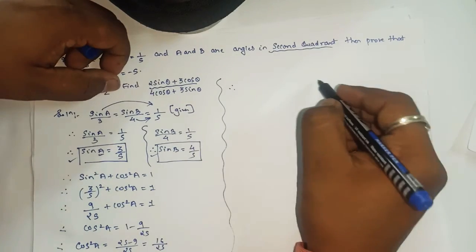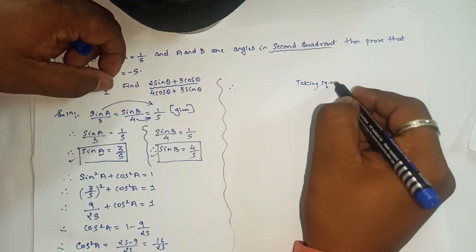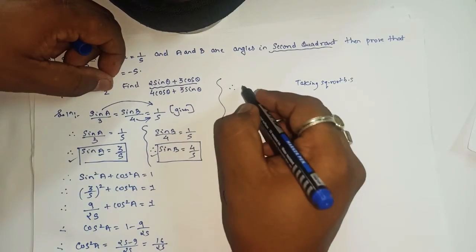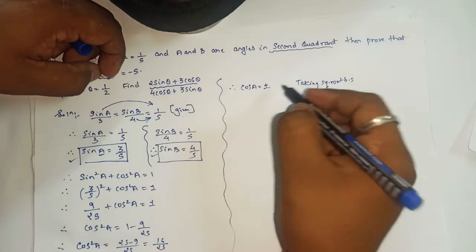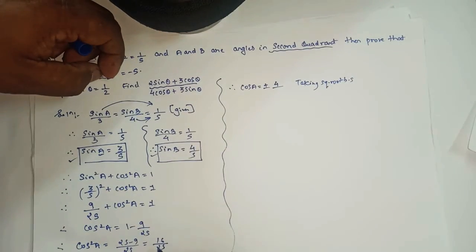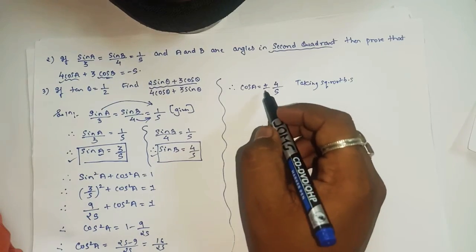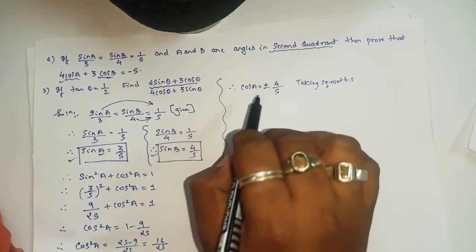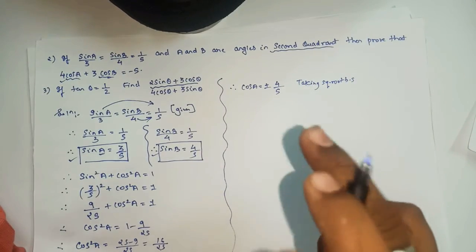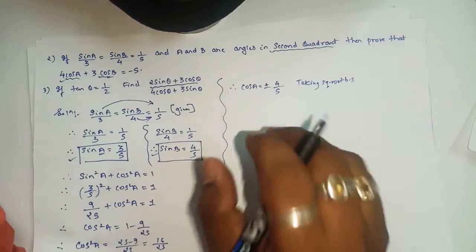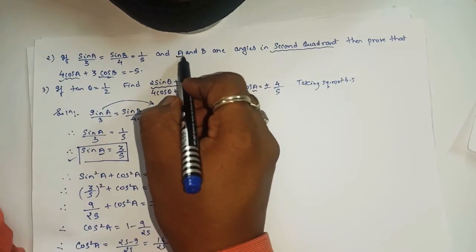So when you take the square root on both sides, cos A will be equal to plus minus. The square root of 16 is 4, and the square root of 25 is 5. But we know that the answer of cos will be either positive or negative, so now we have to decide. It is very simple, you just have to check where angle A lies.